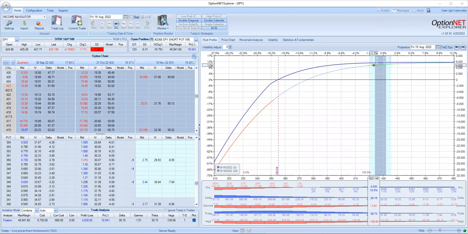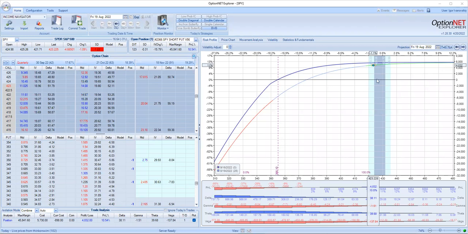If I decide that I'm going to close and not take assignment, then I maybe set an alert for that option mid price at a certain point. And once that alert goes off, I just go in and manually enter my exit at a stop loss. I don't use GTC or any other conditional orders to get stepped out of this trade.